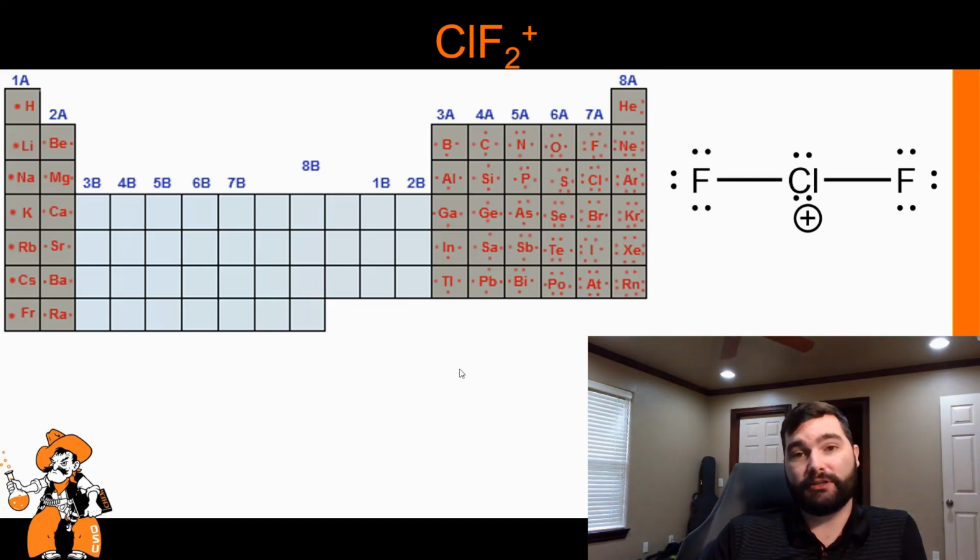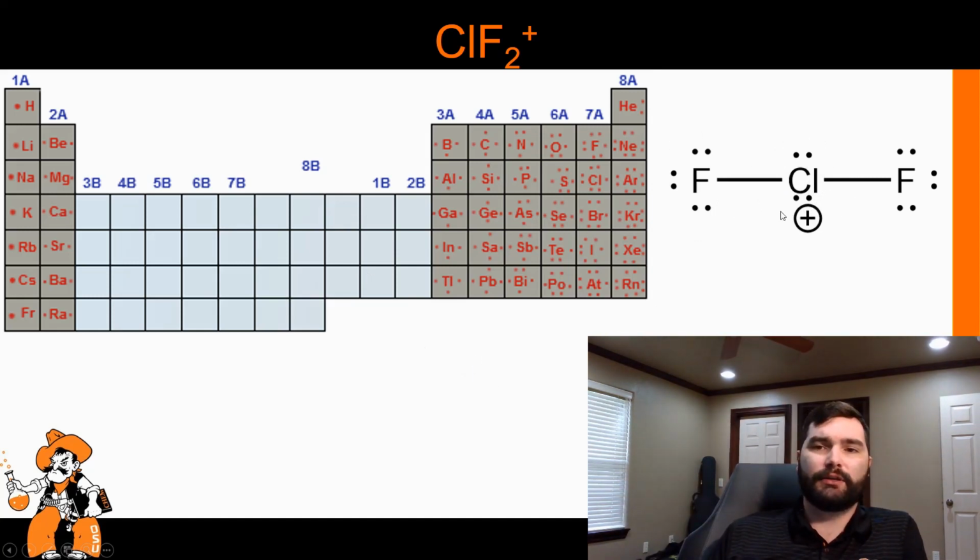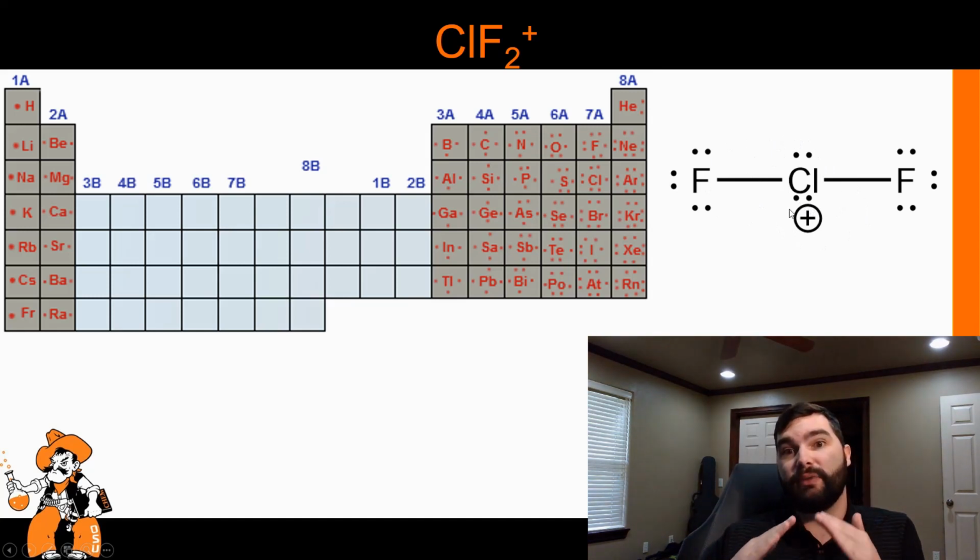So you have your chlorine as your central atom, and you have your fluorines on the outside. You have 2 bonding pairs around the chlorine, and the chlorine has 2 lone pairs. So this is going to be very similar to water in the molecular shape. So it's going to be tetrahedral electronic geometry. However, the molecular geometry is going to be bent.